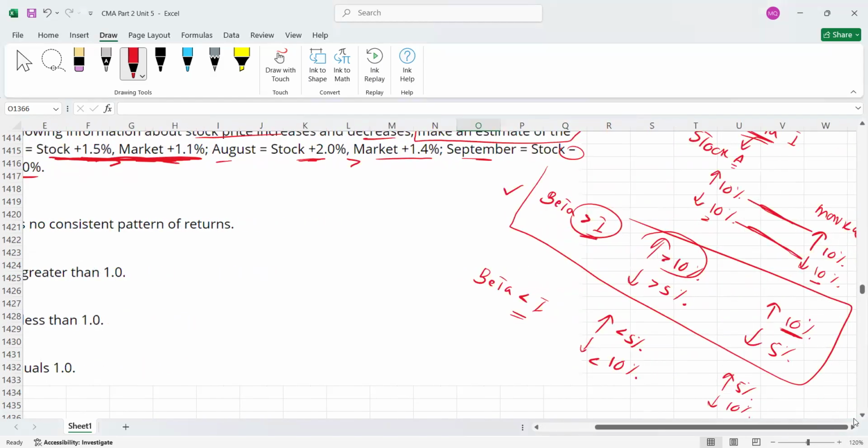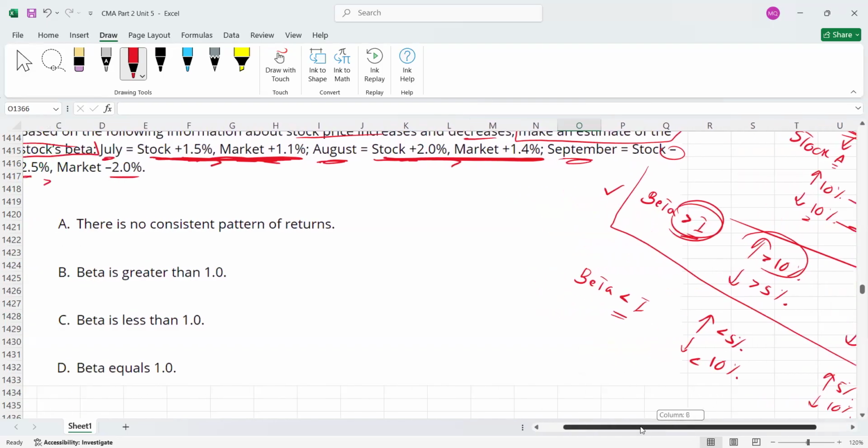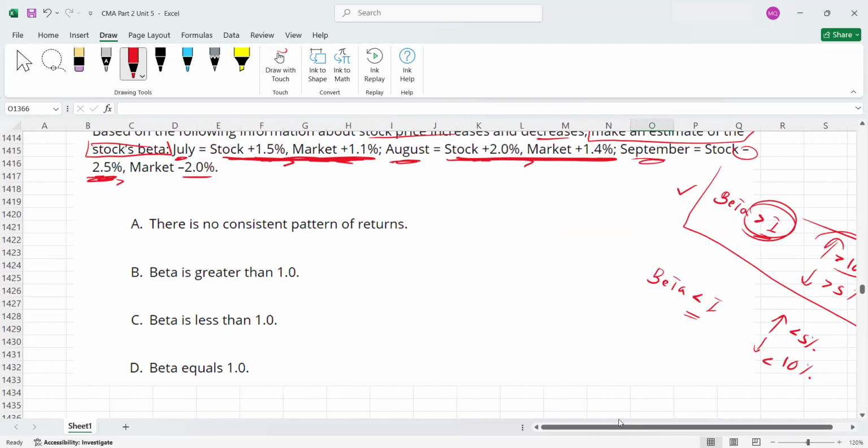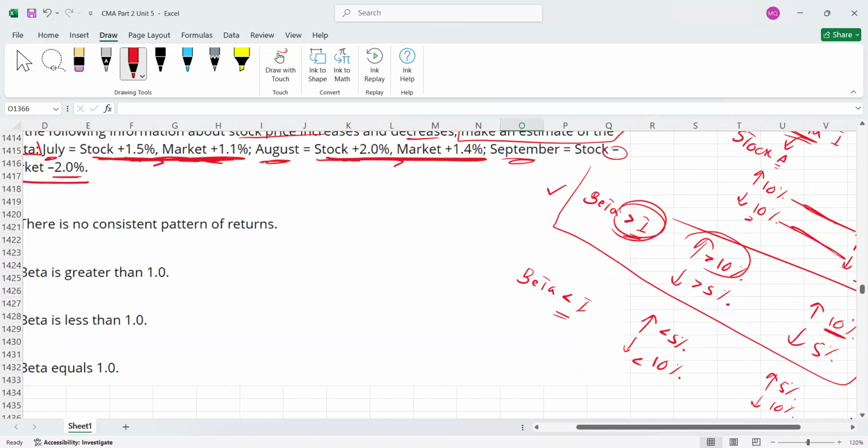Same here, look at August: the stock price has increased by 2%, the market has increased by only 1.4%. So this is what beta greater than 1 means. And look at September: the stock price has decreased by 2.5%, but the market has decreased by 2%. Again, the same scenario. So what is the beta? The estimated beta value will be greater than 1.